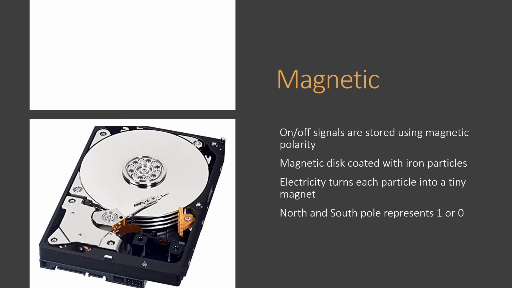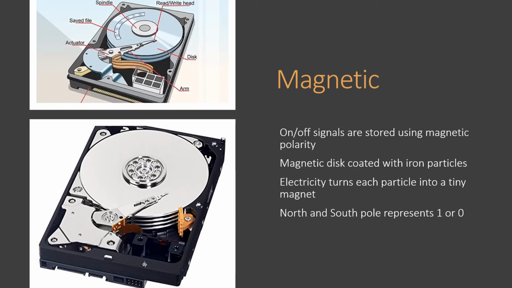And as you know, magnets have got a north and south pole, so depending on whether it's facing the north side up or the south side up, that's how you store the ones and noughts. So each microscopic iron particle stores a single bit. That's just a picture of the different parts of the hard disk.